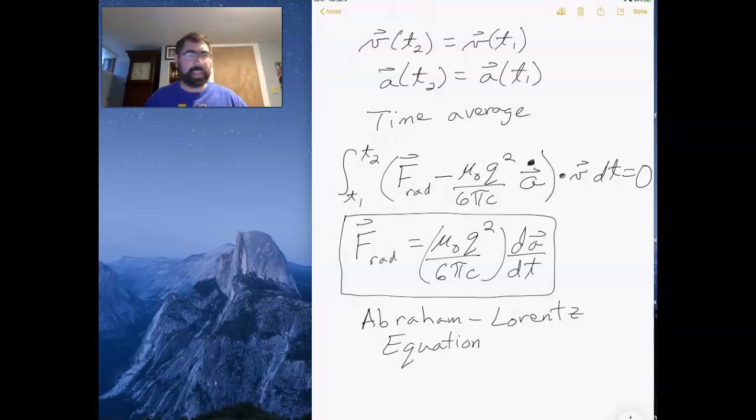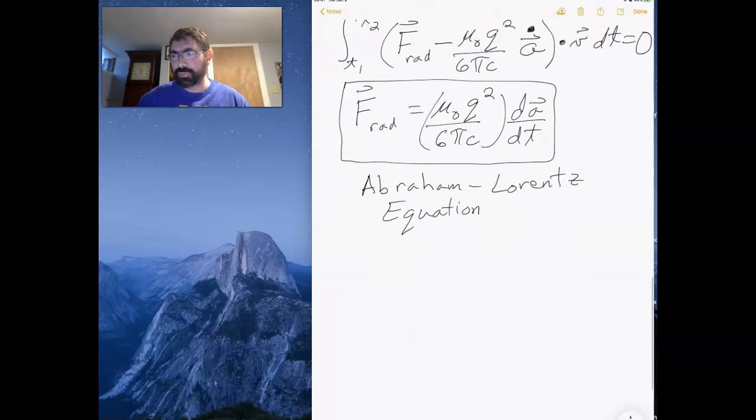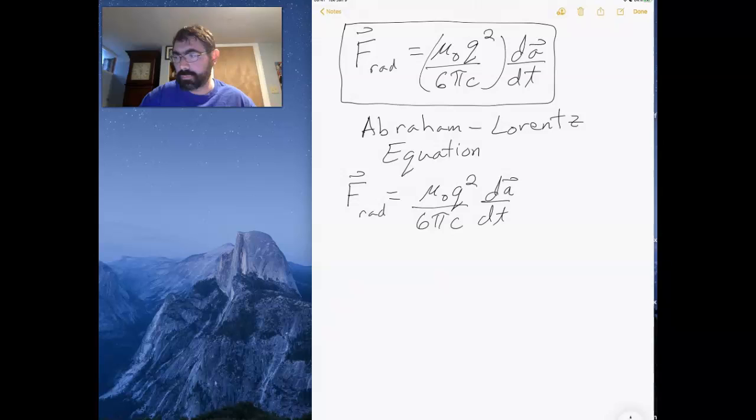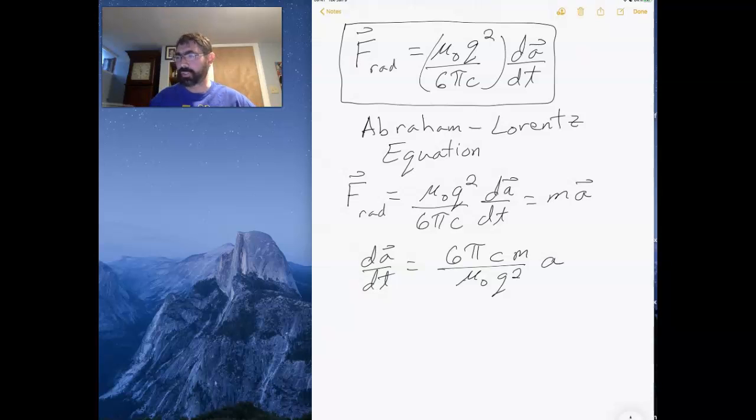So one aspect of this result which is kind of unresolved is the fact that if we were to apply this to Newton's second law, like so, then what I would get is that this change in acceleration with respect to time would be equal to 6 pi c times the mass over mu 0 q squared times the acceleration.